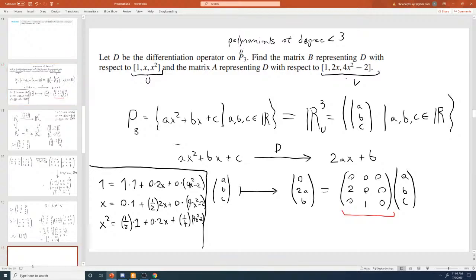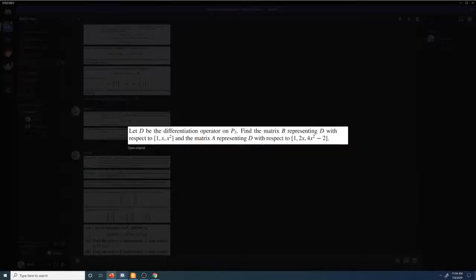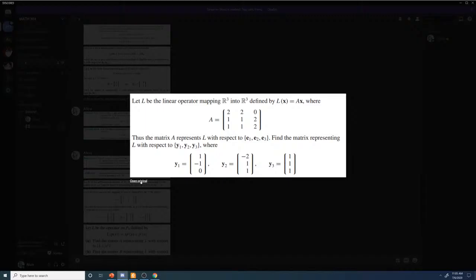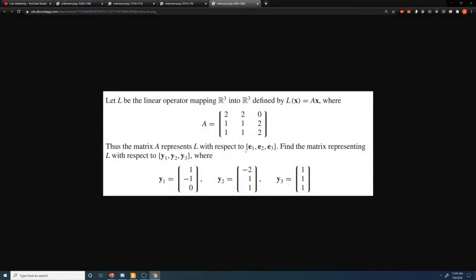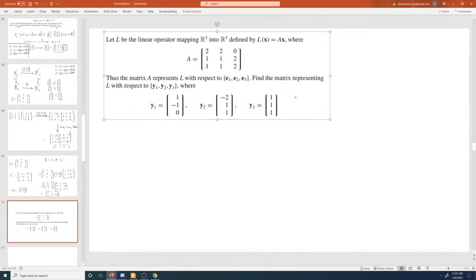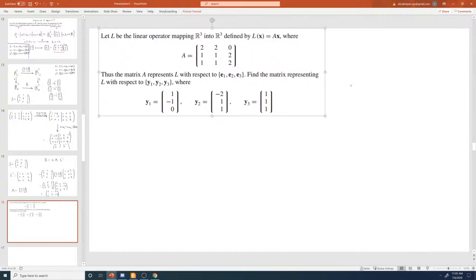Let's do another example. This will be a more straightforward one. So let's suppose I have a linear operator from R3 into R3 defined by the following matrix equation. The matrix A represents L with respect to the standard basis. And now I want to find the matrix representing L with respect to the basis y1, y2, y3.